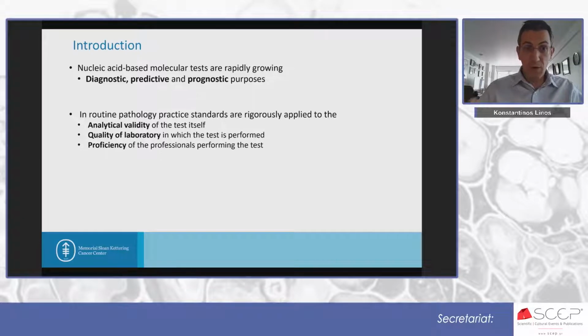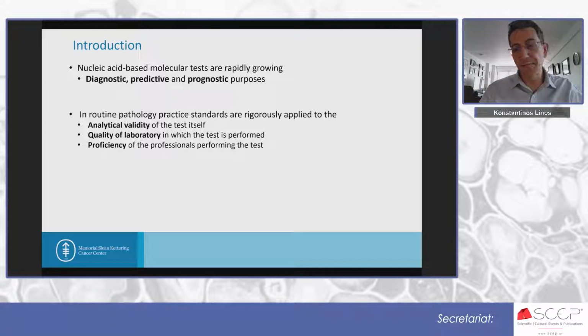But in normal circumstances, there are rigorously applied standards relating to the analytical validity of the test itself, the quality of the laboratory in which the test is performed, and the proficiency of the professionals, so they have the license to sign out these cases.